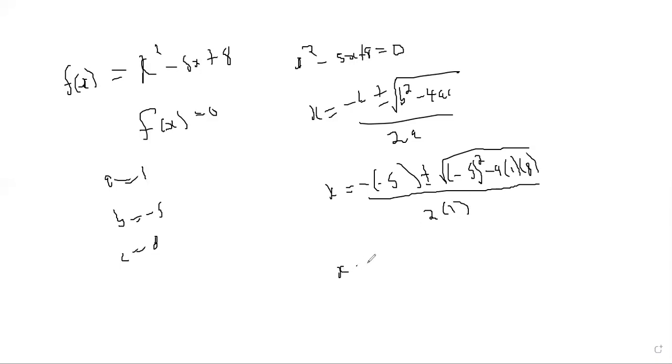And simply from here, calculate: -1 multiplied by -5 is +5, plus minus 5 squared, that is 25, right? And then 9 multiplied by 8, that is 72, right? So it's 25 minus 72. No, it's not. This is 4.